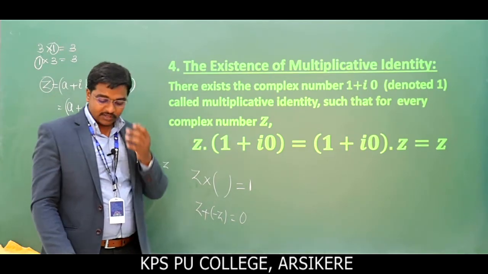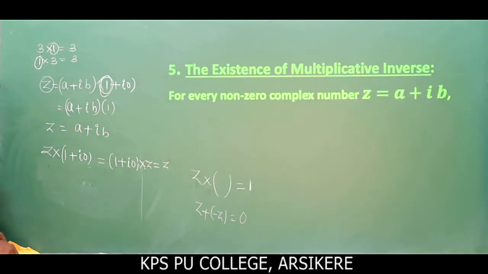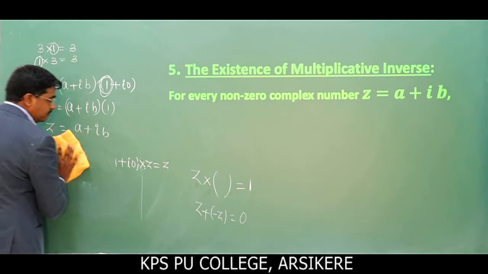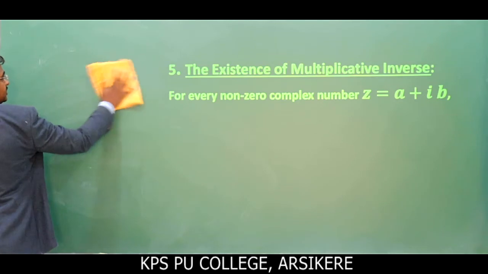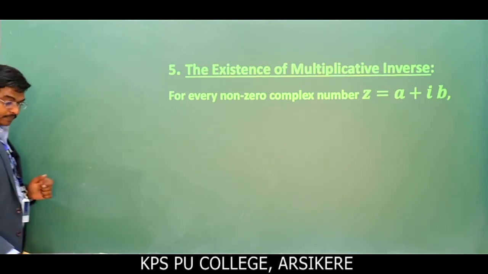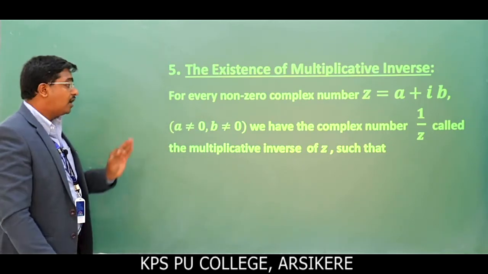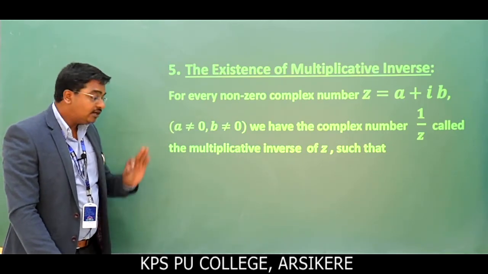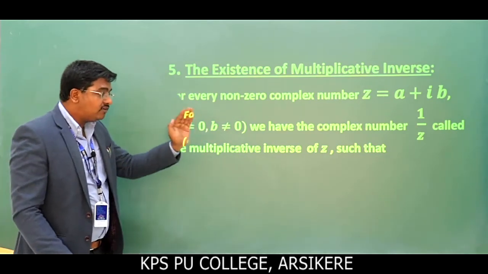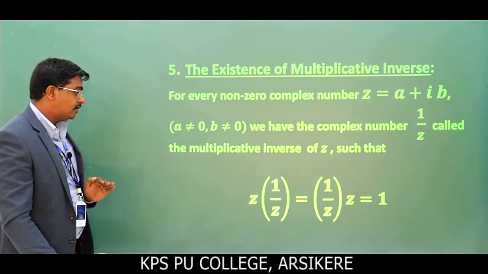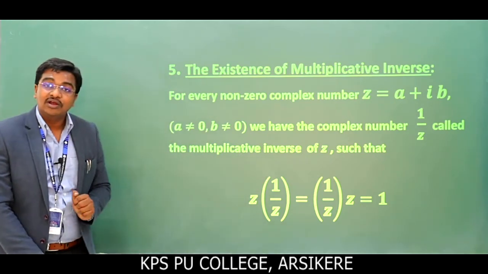So what is the statement? Listen. Existence of multiplicative inverse: for every non-zero complex number z is equal to a plus i into b, where a and b are not both 0, we have the complex number 1 over z, called the multiplicative inverse of z, such that z into 1 by z is equal to 1 by z into z, which is equal to what? 1.